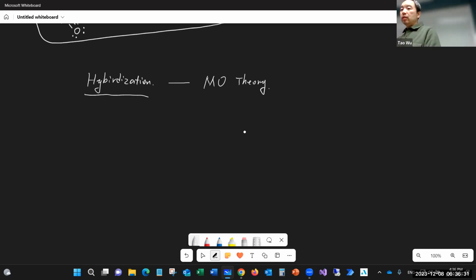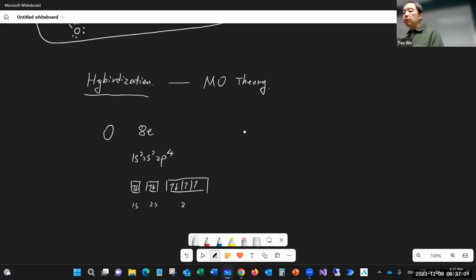If we talk about oxygen, it has 8 electrons, so it has 1s2, 2s2, and 2p4. So oxygen would be like this: 1s, 2s, 2p4. And you see there are 2 single electrons sitting in the oxygen.